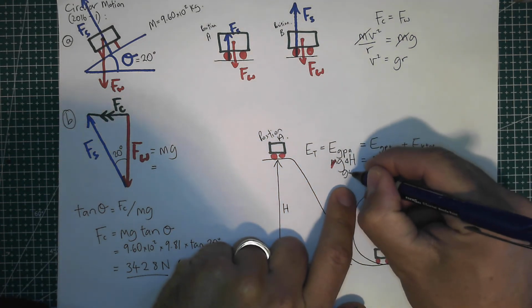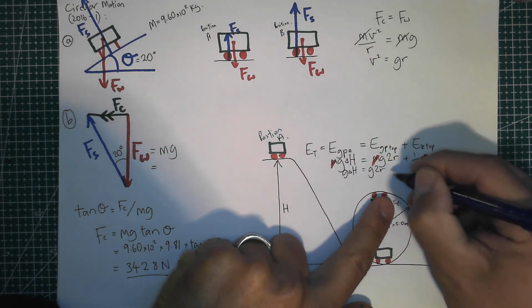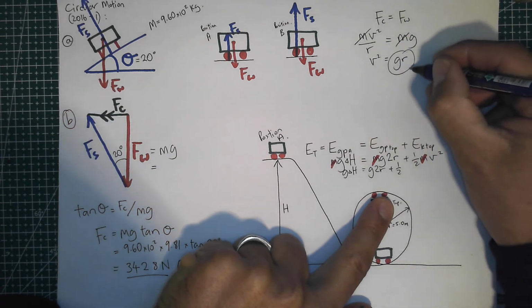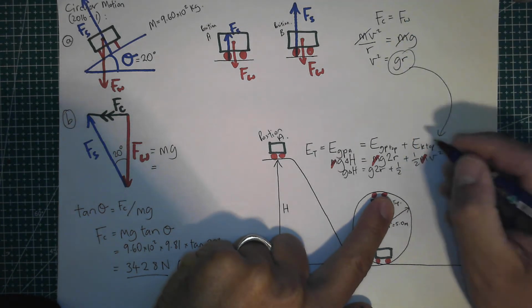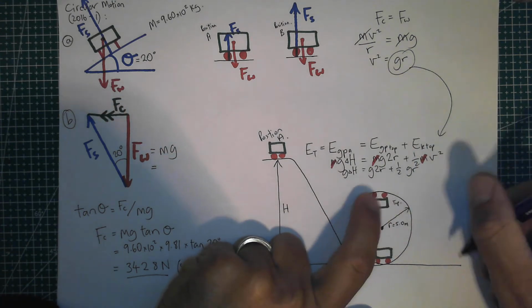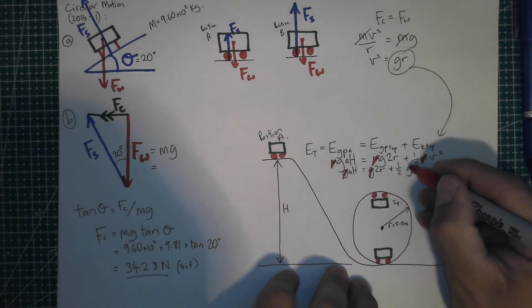So g delta h here equals g 2r plus half. I'm going to substitute in gr in place of v squared, and we get half gr, and we can do some more cancelling. Now we've got a g in each of the terms, so we can get rid of that.